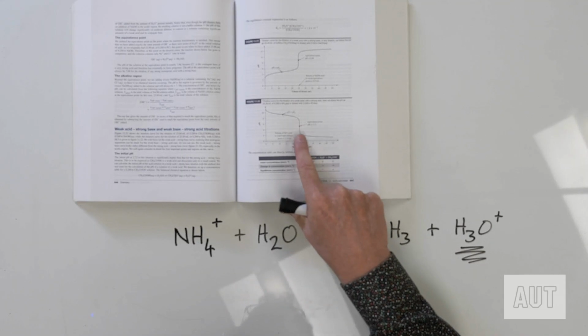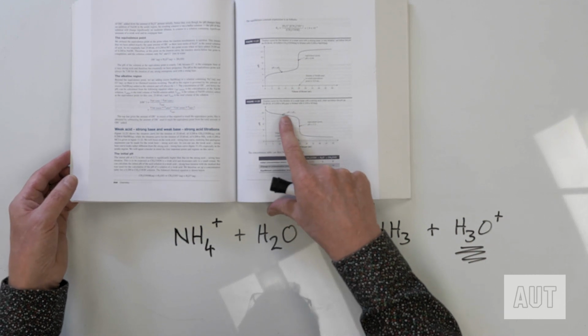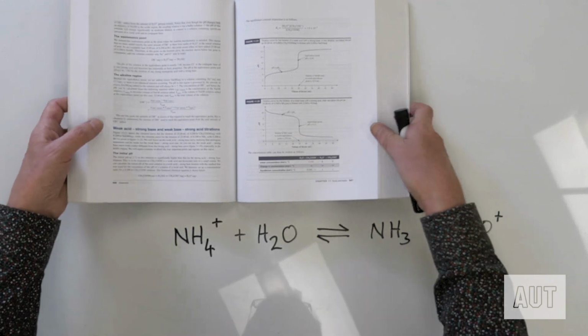Okay, so let's then finish this up by doing a very quick calculation just to show the pH at the equivalence point in this titration here, where we are titrating 0.2 mole per litre ammonia with 0.2 mole per litre HCl. So let's just show that this does in fact work, okay?